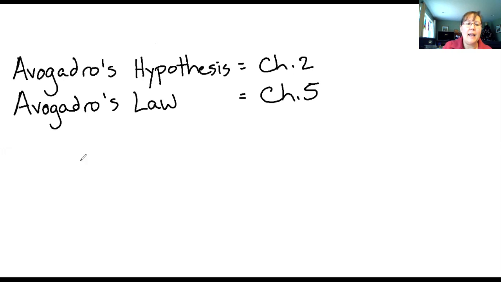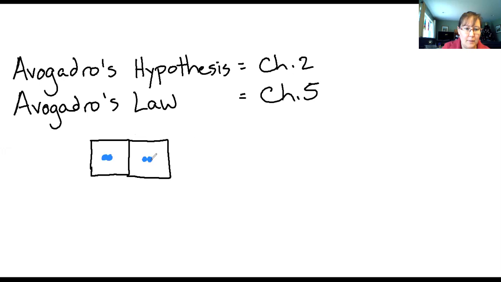Let's say that we have one hydrogen molecule, and a hydrogen molecule is a couple of little tiny hydrogens stuck together. Now we're going to need 2 of these little hydrogen molecules because we're going to make water.